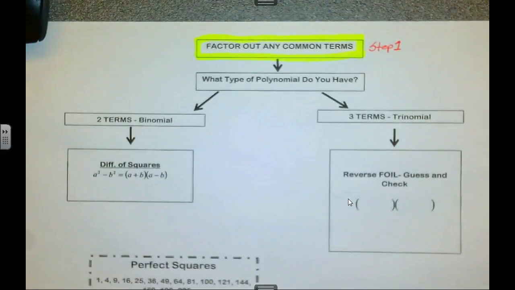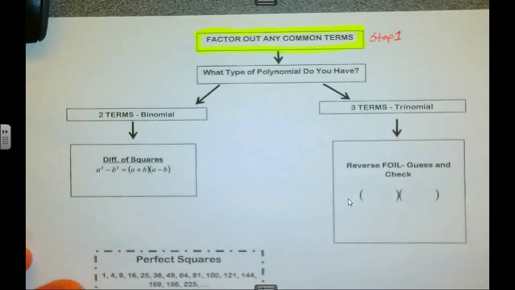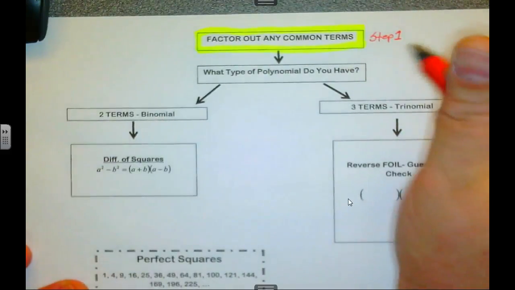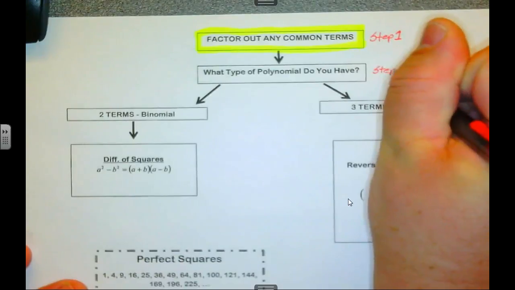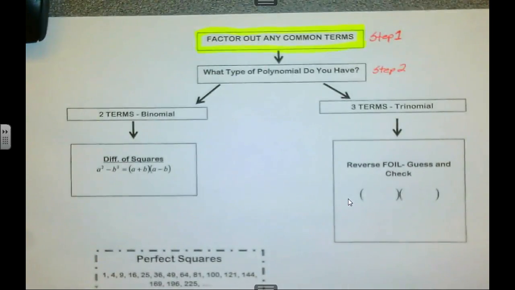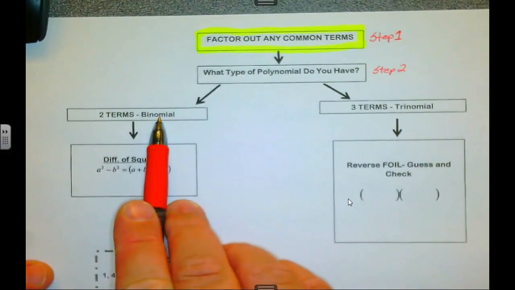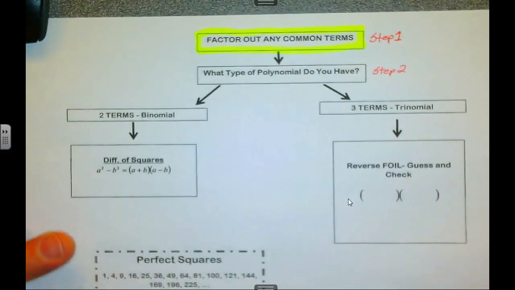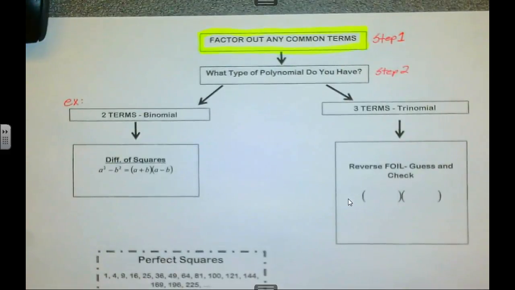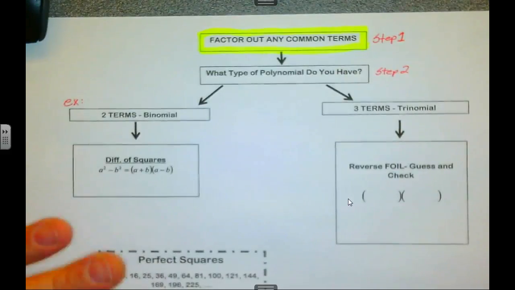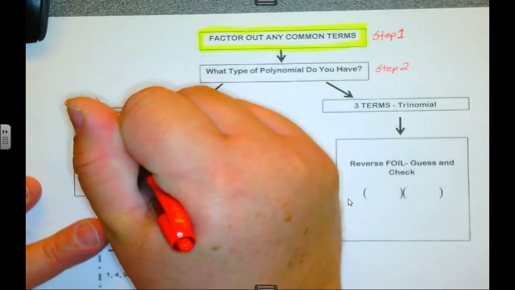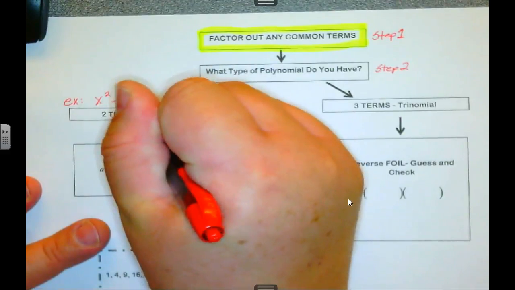Okay, step two, you have to decide what type of polynomial you have. In other words, do you have two terms, a binomial? Example, x squared minus 4.